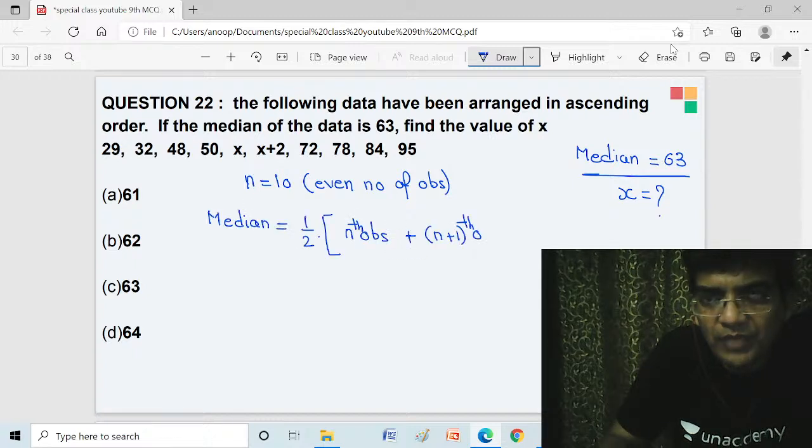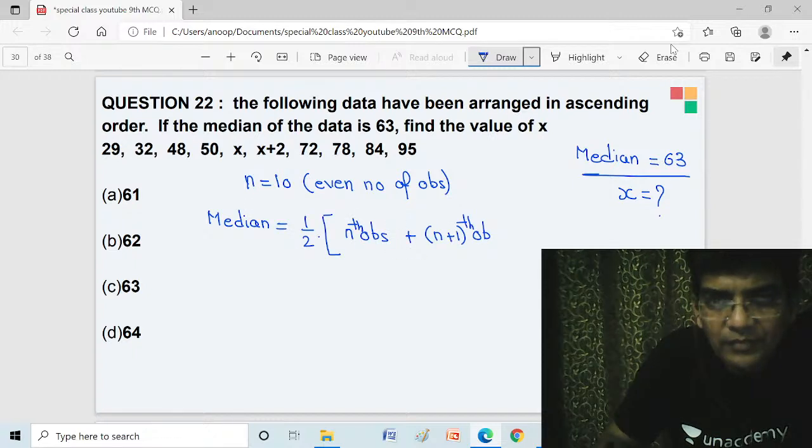So we have to look for n by 2 and n by 2 plus 1 observation. This will be the formula, right? So let's write it over here. Now how much is n? So n is 10, so this will be 10 upon 2. So we need 10 upon 2th observation.